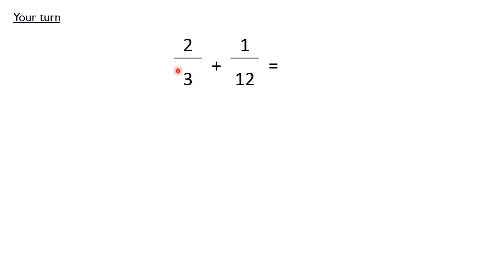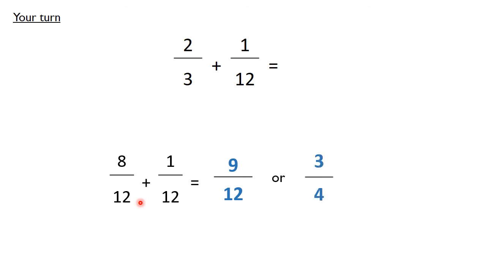So we'll multiply this 3, this third, by 4 to make it a 12th. So therefore, we need to multiply this 2 by 4 to give us 8. So we now have 8/12 plus 1/12 equals 9/12, or 3/4, because we've simplified it down.